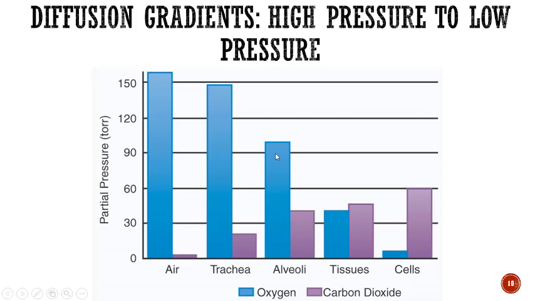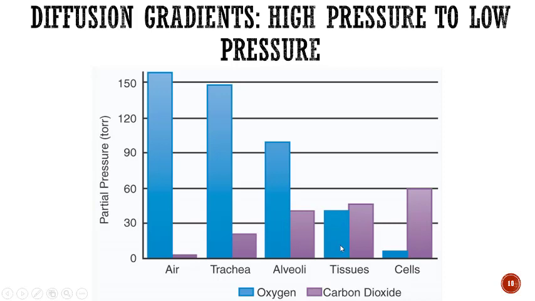If you think about why this makes sense, your alveoli is where your gas exchange is happening. So you're attempting to drop off oxygen into the body and pick up carbon dioxide to exhale back out. So this becomes much lower and this becomes much higher in the alveoli. This is where your gas exchange is happening.